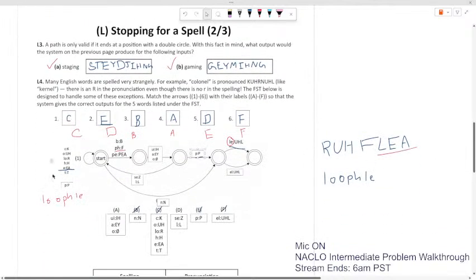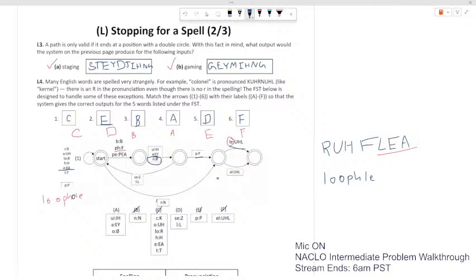We start with R. R-U-H, Lou. F-P-H. O is nothing though, so they might add an O. Loophole. Yeah, so there's nothing.